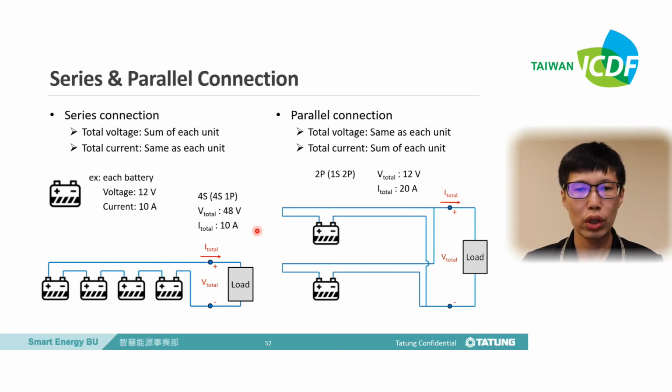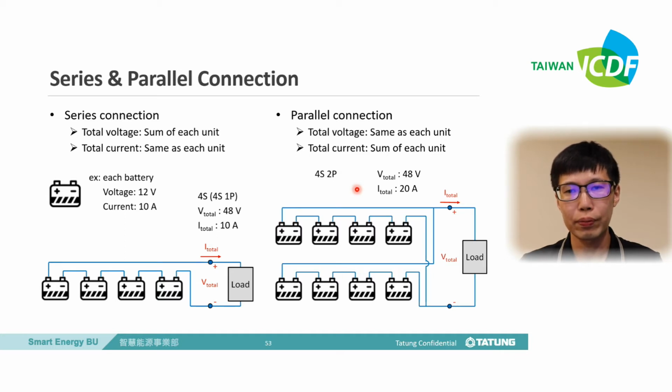And we usually call this connection 4 series, or 4 series 1 parallel, and we will call this connection 2 parallel or 1 series 2 parallel. And let's consider another case.